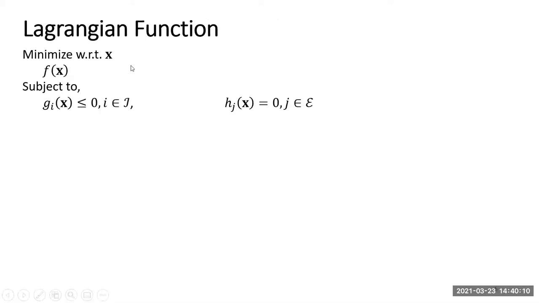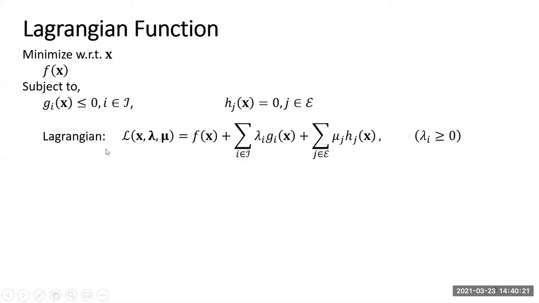Lagrange function, the Lagrangian. So minimization with respect to x of f of x, subject to these inequality and equality constraints. The Lagrangian is L of x, lambda, mu, which is f of x plus the summation over the inequality constraints of lambda_i g_i of x, plus the summation over j in the equality constraints of mu_j h_j of x, and lambda_i should be greater than or equal to 0.